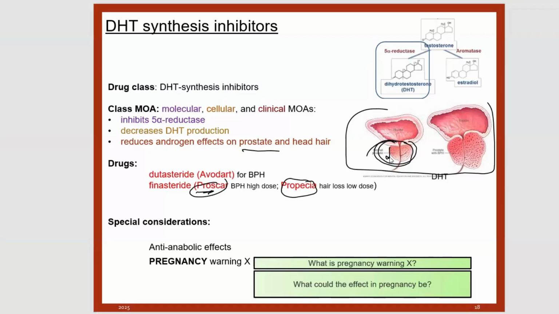Benign prostate hyperplasia means hyperplasia, growing too much, and benign, meaning it's not a cancer. So this is not how you would treat a cancer, like just give them dutasteride. No. This is to treat the swelling if that's what's causing difficulty urinating. And you'll talk about that with Dr. Gordner, I think.